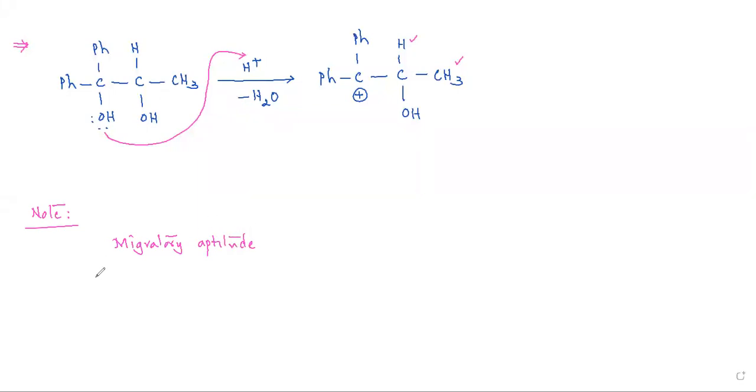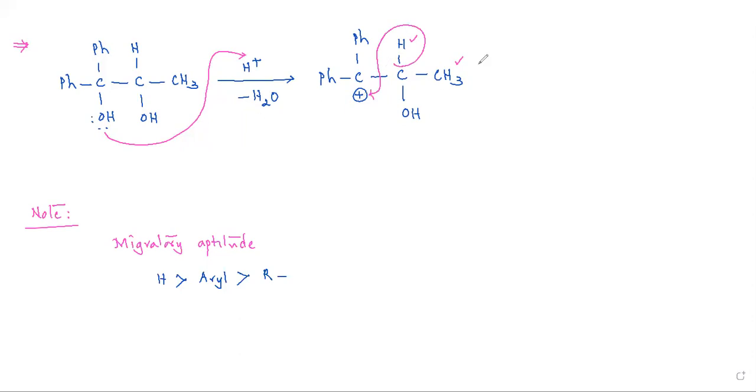Migratory aptitude can simply be given, as of now, as hydrogen, then aryl, then alkyl. Now we got, this is an experimentally proved one. So let me just take this into consideration.